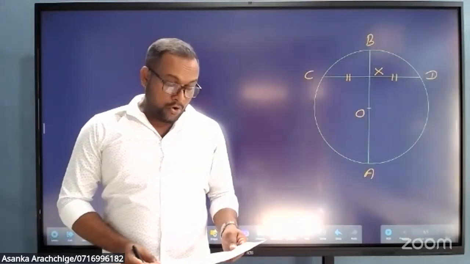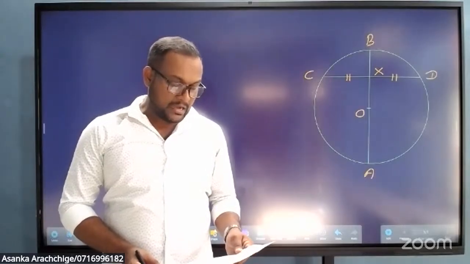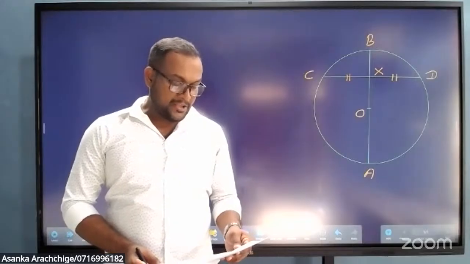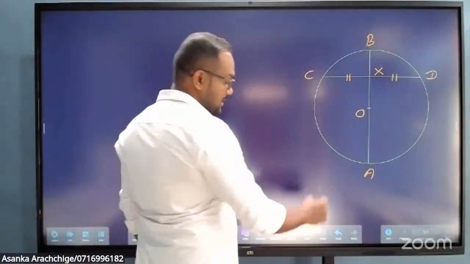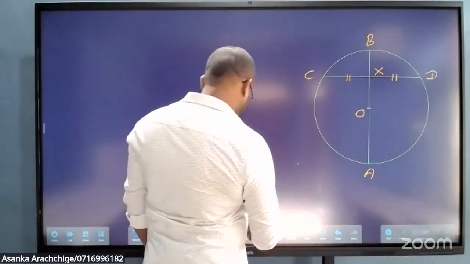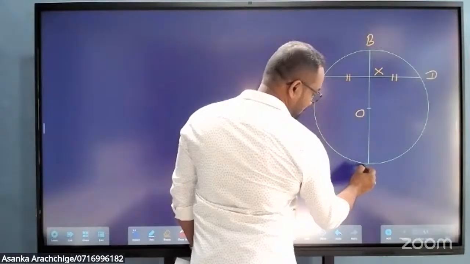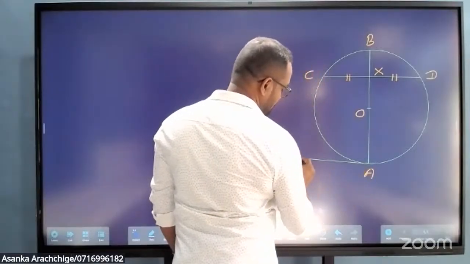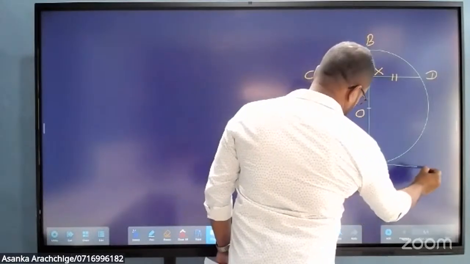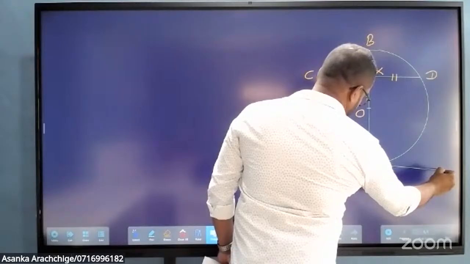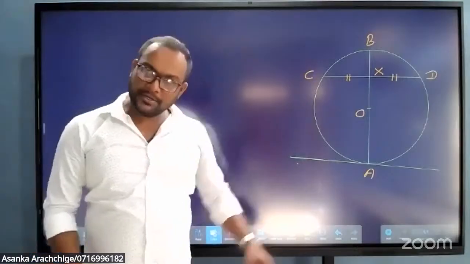And moreover, CP is perpendicular to PAR, the tangent to the circle at A. PAR is a tangent. Then A must be the point of contact.